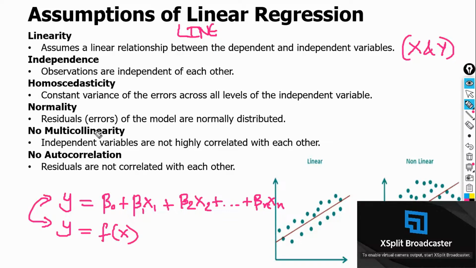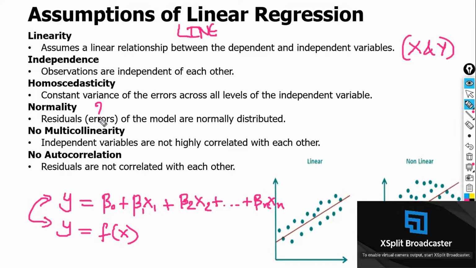Then N represents normality. What does this normality represent? It means the errors that we get with respect to each and every record should be normally distributed. Actually, what do you mean by error? We'll understand.